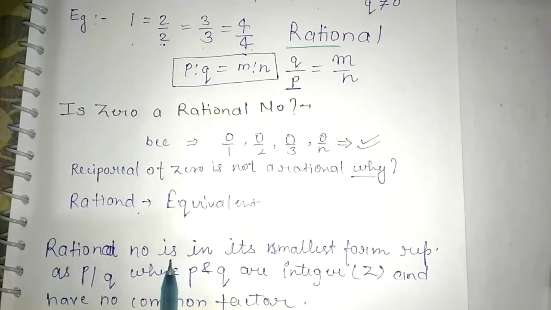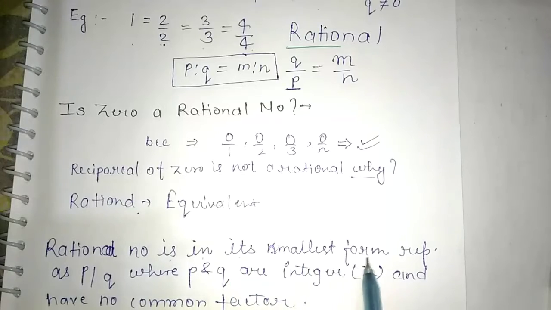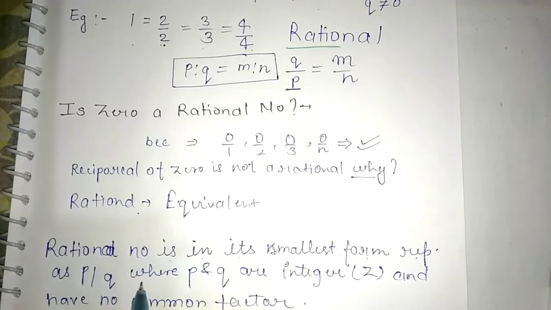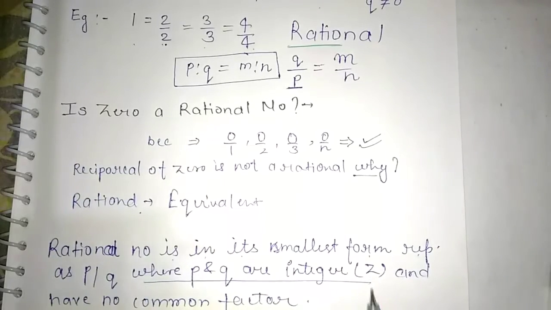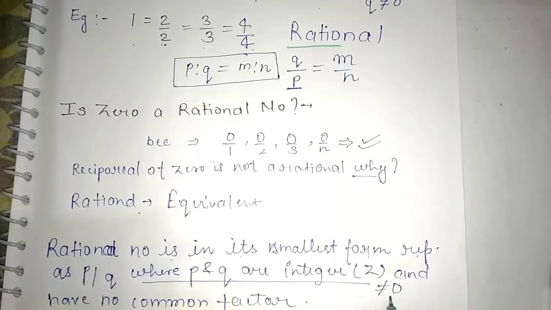A rational number in its smallest form is represented as p by q, where p and q are integers, every number is an integer, except that q cannot be 0, as I have told you above, and they have no common factor, because if they have a common factor it will be cancelled out, because it is a ratio. So a ratio is always in its smallest form.